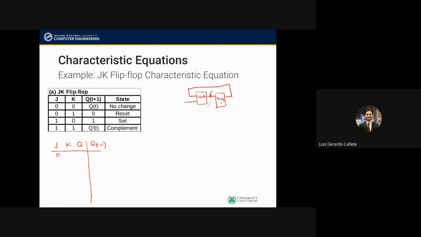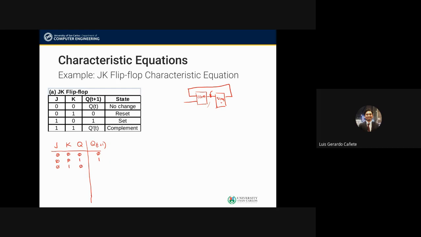Okay, so 0, 0, 0. What happens when we have 0, 0, and Q is equal to 0? We know that when it's 0, 0, we just copy the value of Qt, and that will be Qt plus 1. So this will be 0, 0, 0, and 1. This becomes 1, right? Because we copy Qt from Q. Then we have 0, 1, 0.